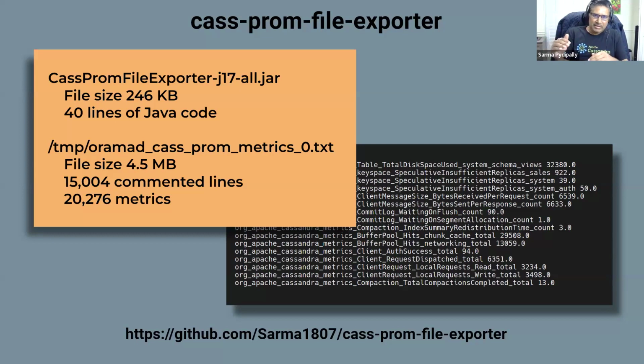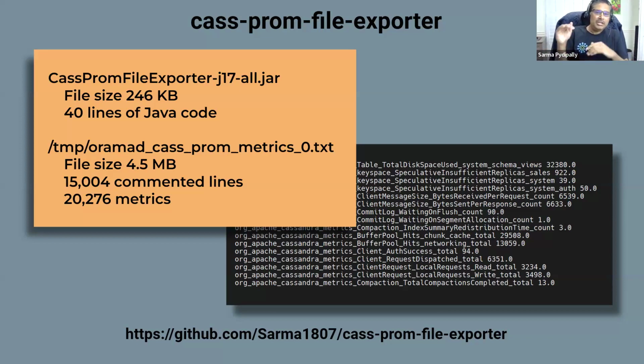That text file, as is, without any changes, is like a 4.5 megabyte file. It writes about 20,000 metrics on a very small cluster. The nodes are not very busy. I still have to test it with very busy nodes, but it publishes about 20,000 metrics.